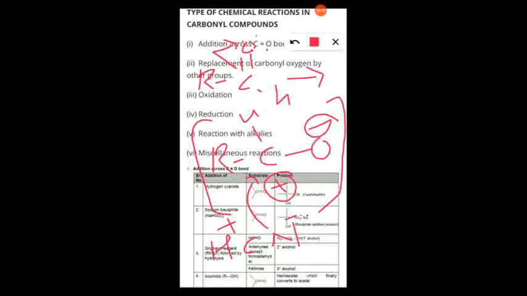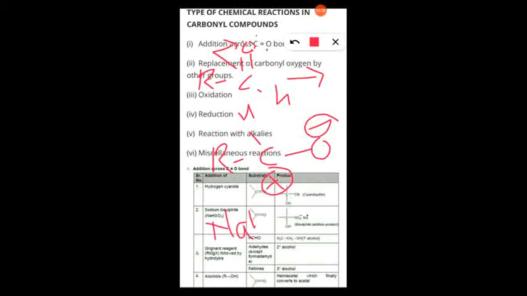Now after that, the same reaction, one you have discussed with the HCN. Now I will tell you the next example, that is with sodium bisulfite, NaHSO3. What happened with NaHSO3?